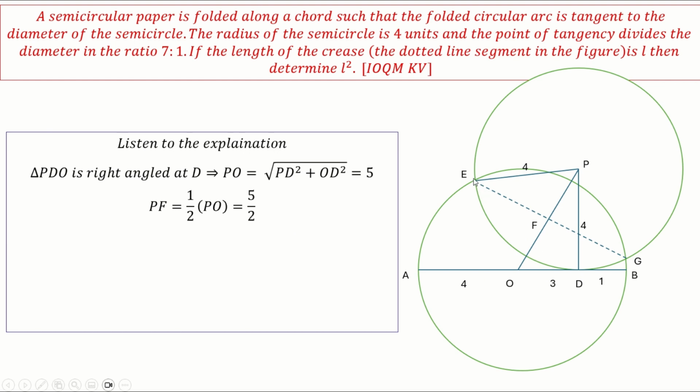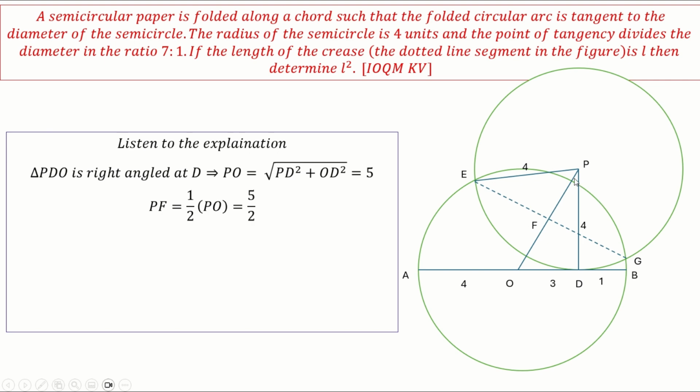Why is it? I said these two circles are mirror images. The circles intersect at two points, E and G, so F will be the midpoint of the line connecting the centers. So PF equals half of PO, which is 5/2.